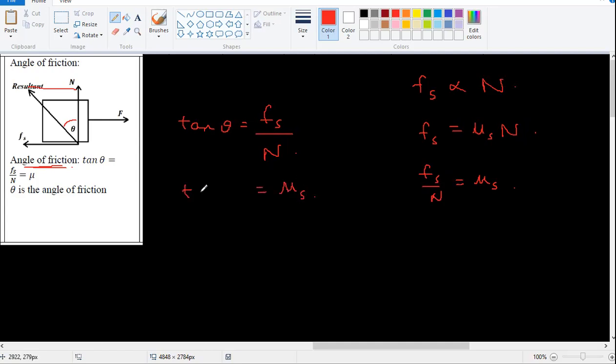That means tan theta is equal to mu s. So the coefficient of friction can be easily found using this theta from experiments. Or if I know mu s, I can calculate the resultant direction.